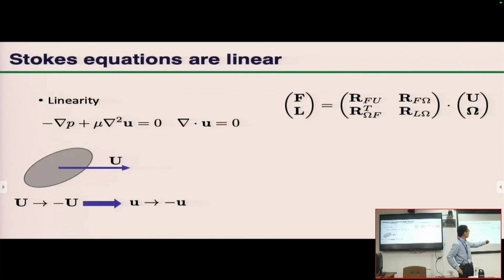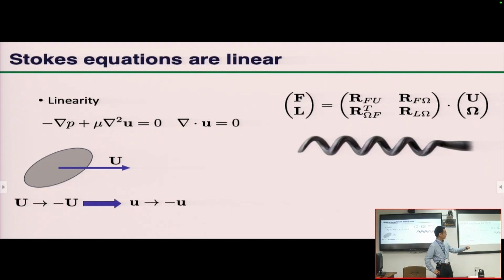Essentially, in general, if you apply force on an object, it can rotate. When that happens is something we'll think about in a moment, but in general, that can be allowed. That's allowed for a chiral object. Think of driving a screwdriver: you are spinning the screwdriver, but the screwdriver is also translating.